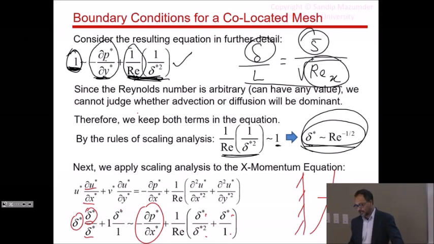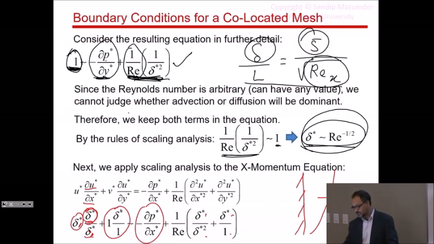And again, you see a couple of interesting things. You see the delta and delta cancel out here. And this term is of order delta star, so is this term. Both terms are of equal order of magnitude. So again, both terms in your advective flux are equal, are important.